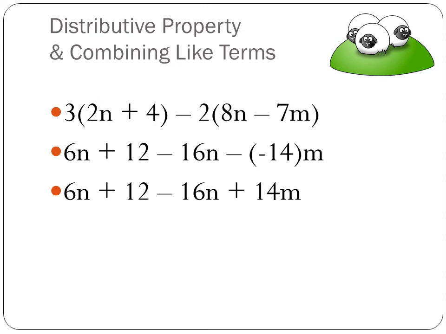I have a negative times a negative. Now I can combine the like terms. 6n minus 16n will give me negative 10 plus 12 plus 14m.